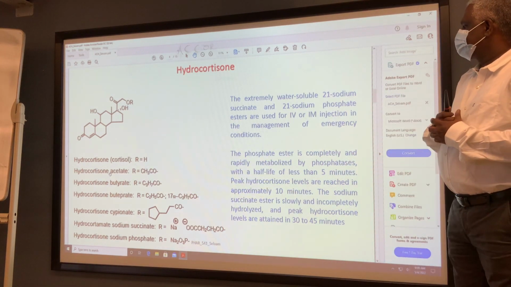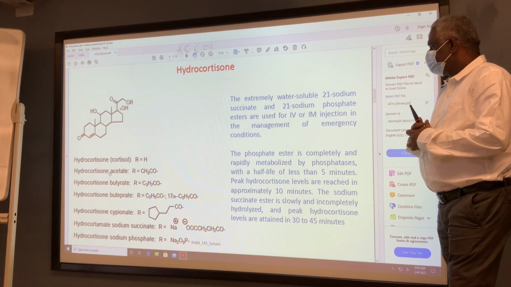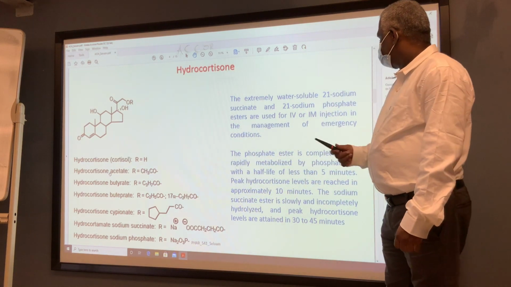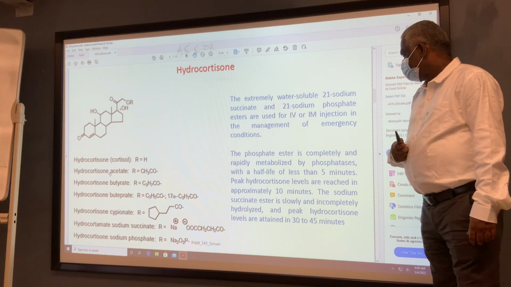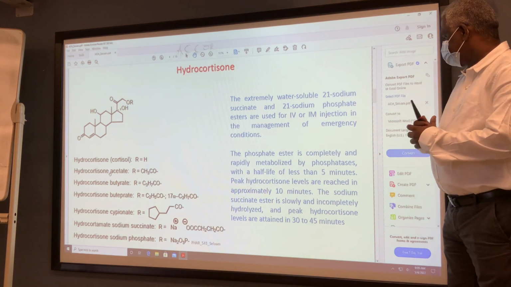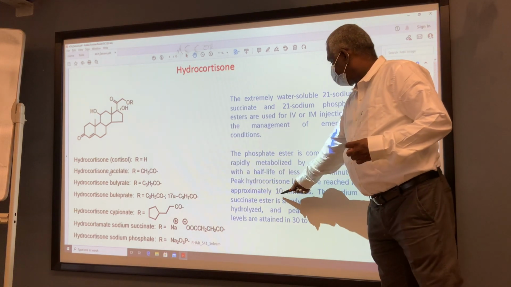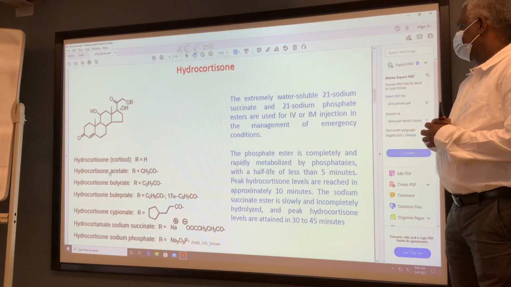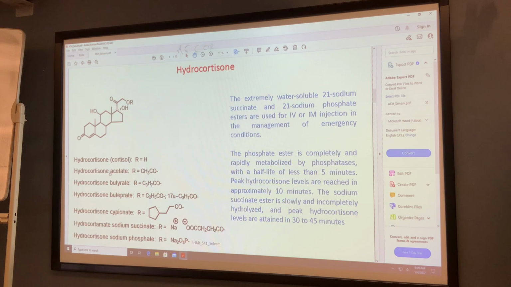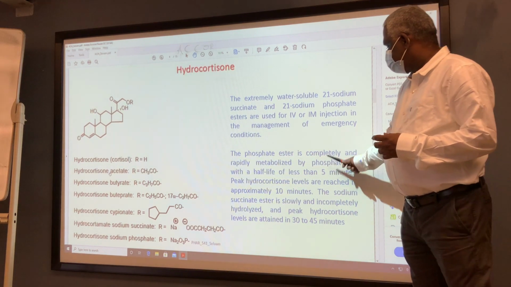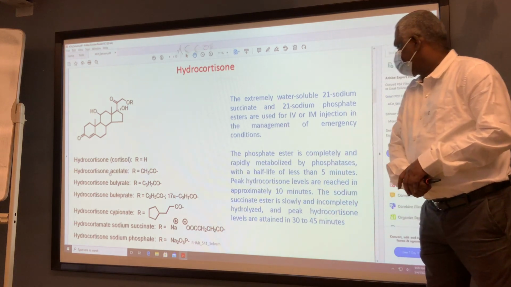When you compare those 2 prodrugs, the phosphate is more easily hydrolyzed than succinate. The phosphate will be hydrolyzed to the parent hydrocortisone in approximately 10 minutes, whereas succinate hydrolysis takes 30 to 45 minutes.